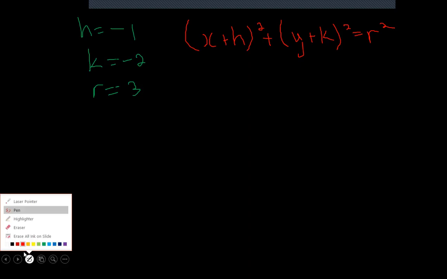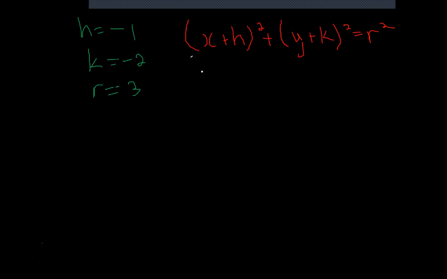And I just want to substitute in my values. So I put back the brackets. x plus h, and we know h is -1, so that becomes (x minus 1) squared, plus, in brackets, I have y, k is -2, so that's (y minus 2) squared is equal to r squared.